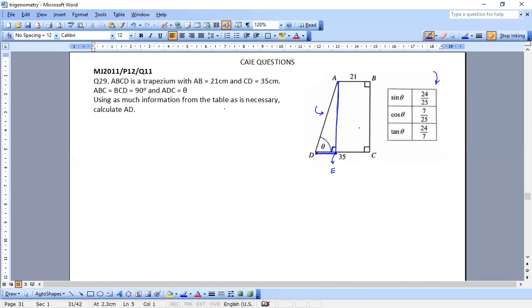The whole length is 35, and I can take out this length, which is 21, from 35. Then I'm only left with this part, which is DE. So first of all, I have calculated DE, which is equal to 35 minus 21, and that is going to be 14.